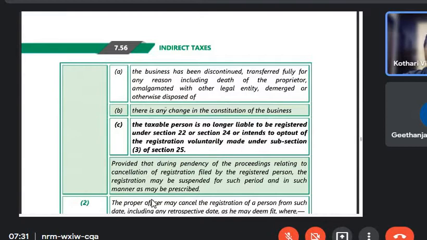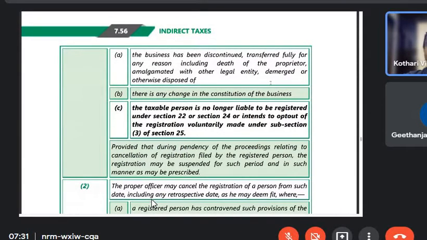If there is any change in the constitution of business, as I have already said, a partnership concern becoming a private limited company or a proprietary concern becoming a partnership concern, new GST registration has to be taken. So if the proprietary concern is changed to a partnership, then the proprietor should surrender or cancel his registration.